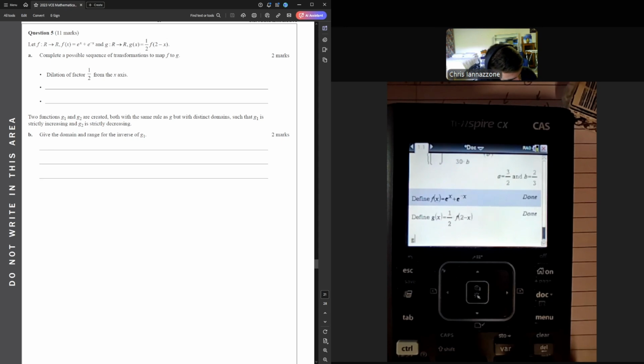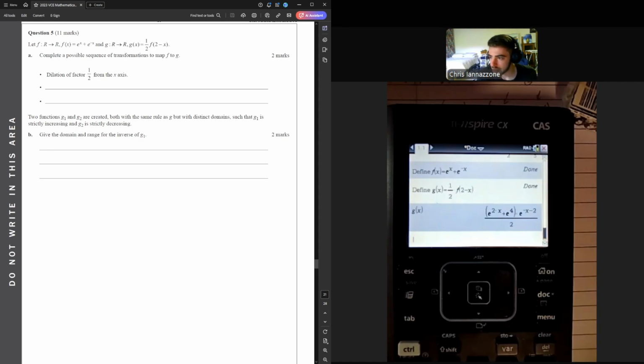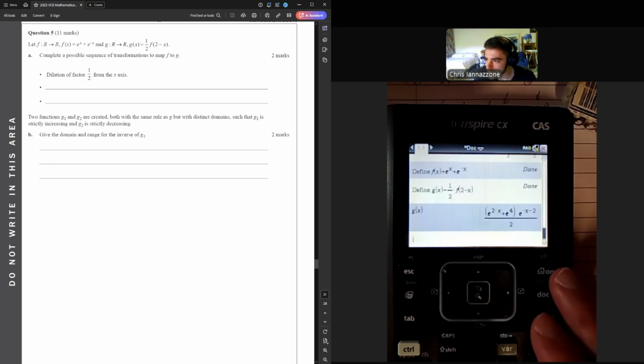So if we then reprint g of x, we see we get some nastiness there. The reason why finding g of x first matters is because if you want to find the domain and range of an inverse function, you first want to figure out the domain and range of the original and then just flip those around. Now, more specifically, we care about where this one is strictly increasing.